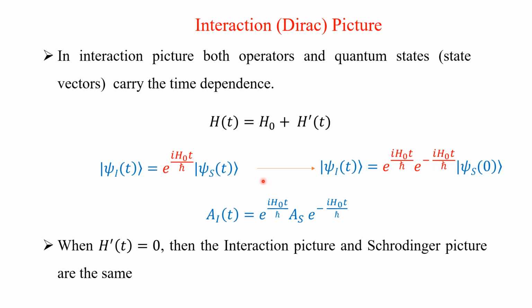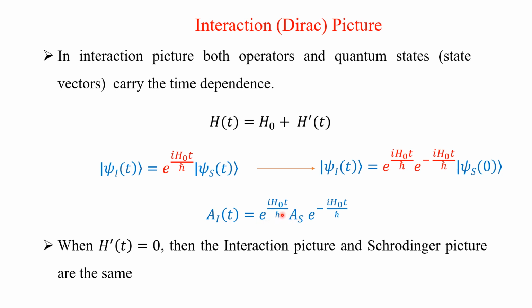Now we will come to the original problem. By definition, the operator in the interaction picture is equal to the operator in the Schrödinger picture, because in the Schrödinger picture the operator is time independent, so you have to take care.